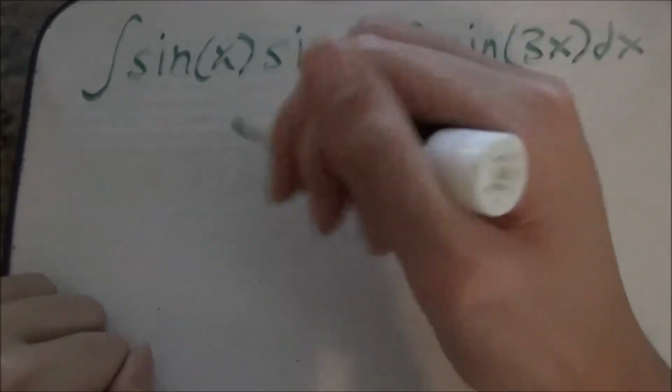There's a trick where, when you have a sine or cosine or sine cosine, there's a trig identity.